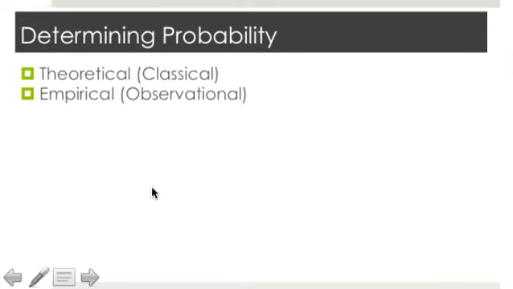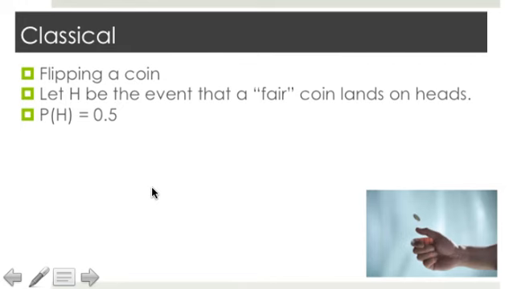Now there's a couple of ways to determine probability. One of them is taking a theoretical or classical approach, and the other one is taking an empirical or observational approach. The classical approach can be illustrated with a few examples.